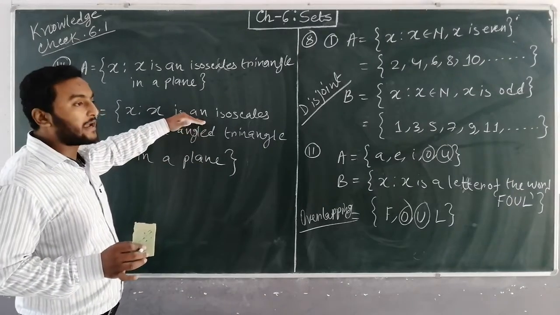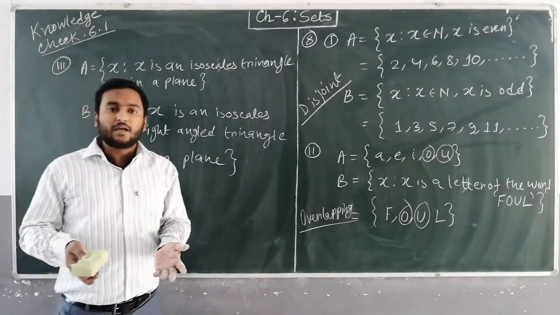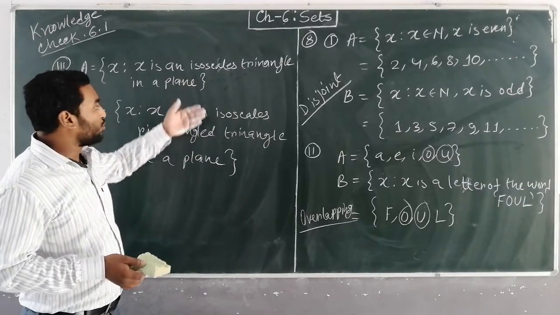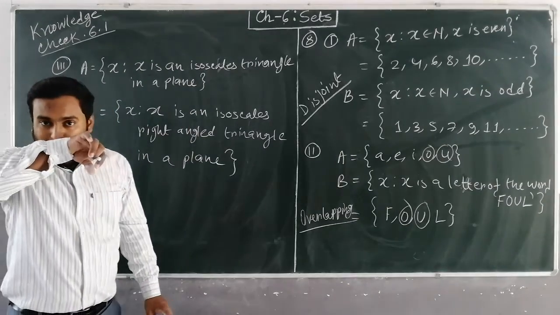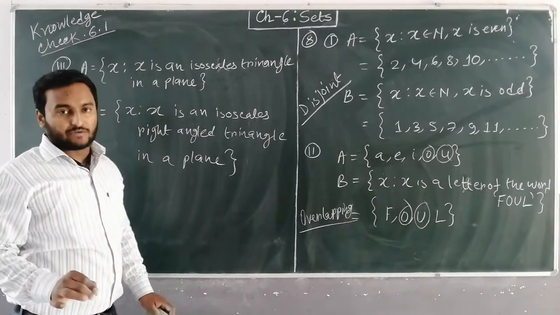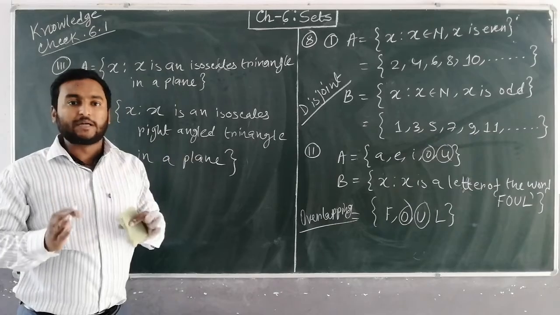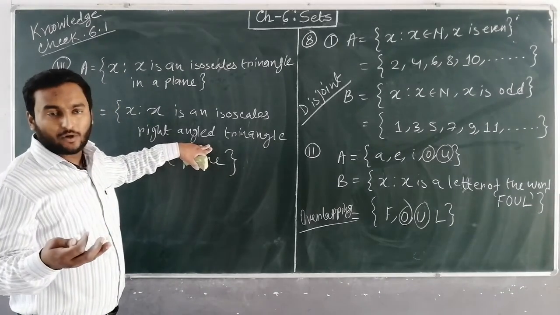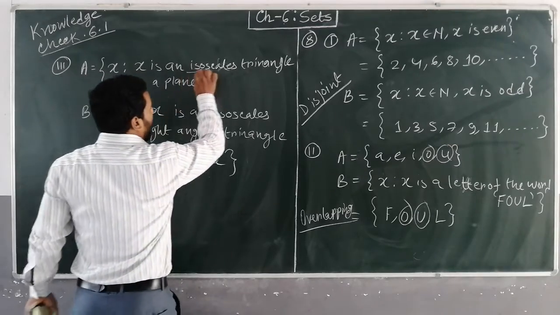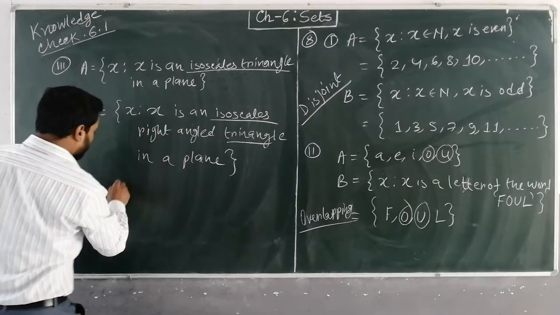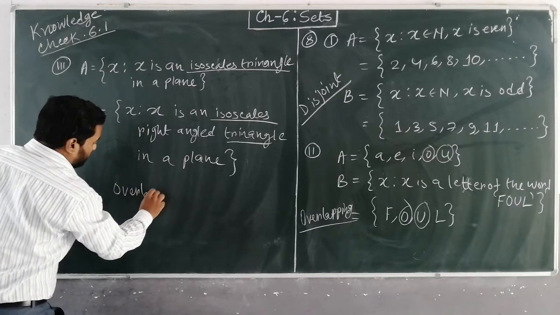Here the triangles will also be right angled. So these two are overlapping sets, because the isosceles triangle part is common.